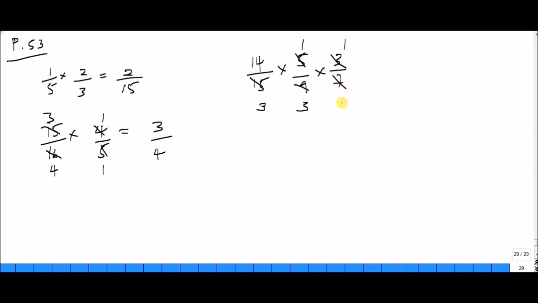They say 7 into itself 1 time, 7 into 14 2 times. Multiplying across, we have 2 times 1 times 1, which is 2, over 3 times 3, which is 9. 9 times 1 is 9.